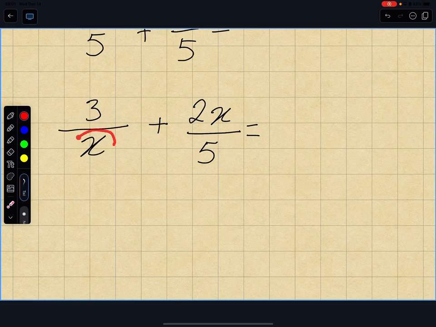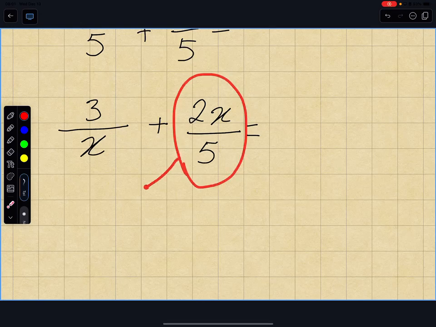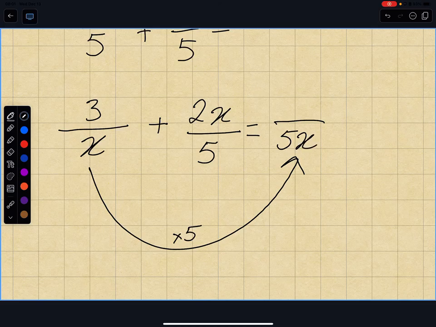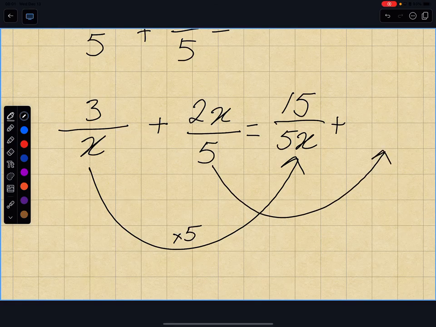You multiply x with 5, and you multiply this side with x. Simple. So what does my denominator become? 5x. Multiply with 5. What do you get? 5x. 3 times 5, 15. Add, what do I multiply 5 with? With x. So you get 5x.